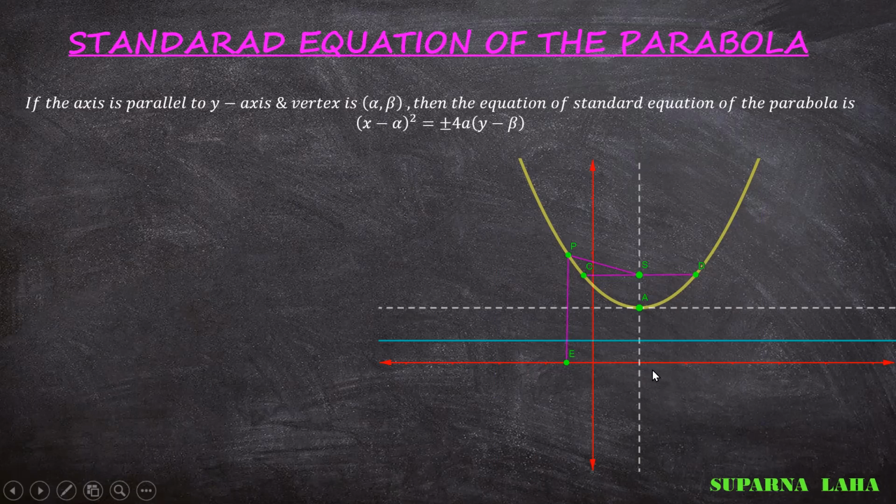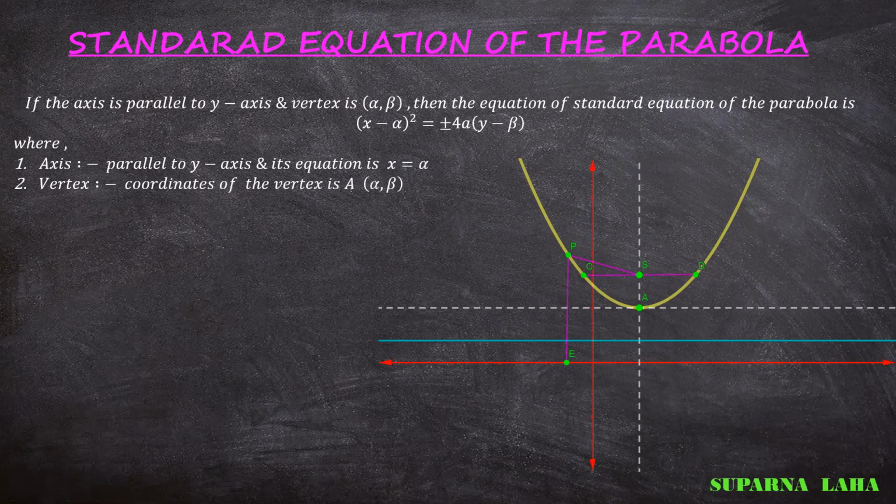If it is parallel to the negative y-axis, then it will be minus 4a into (y minus beta). In that case, for the figure, the axis is parallel to the y-axis and its equation is x equals alpha. The coordinate of the vertex is alpha comma beta, and the coordinate of the focus is alpha comma beta plus a.